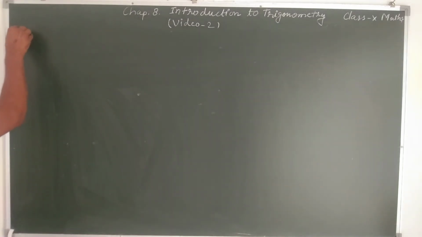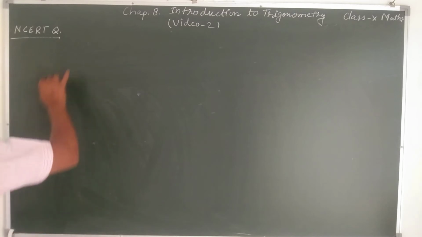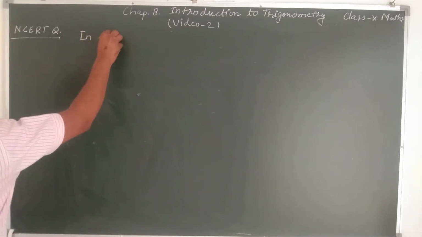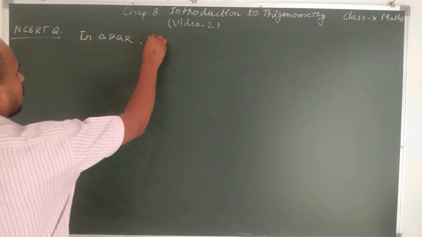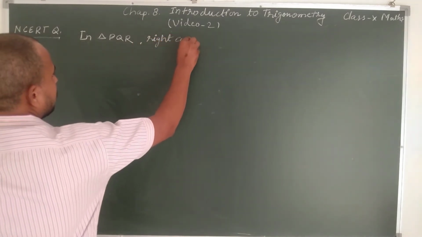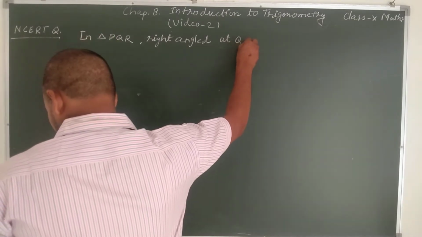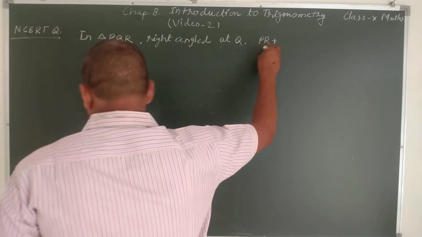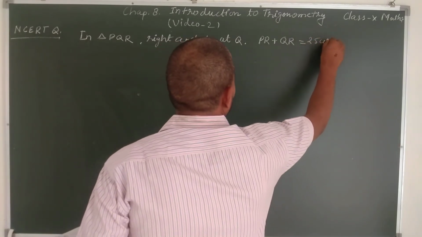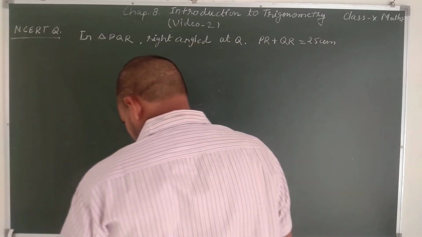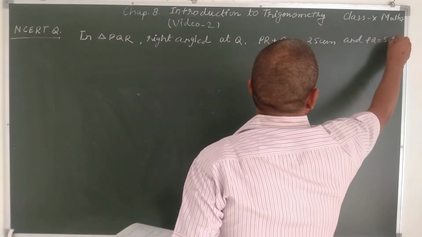And this is the NCERT question. Question is: in triangle PQR, right angled at Q, PR plus QR equals 25 centimeter and PQ equals 5 centimeter.